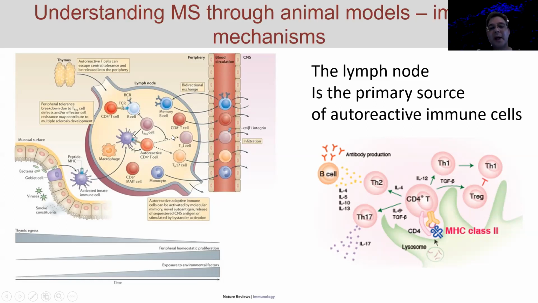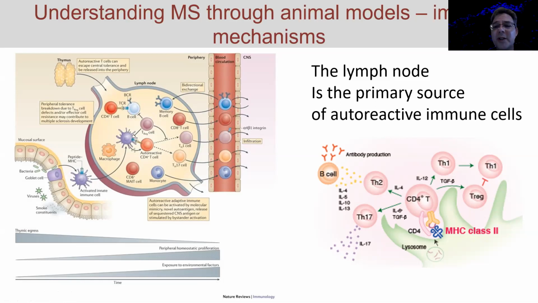And of course, it's these mechanisms that we've reverse translated from the human into the mouse models and defined these mechanisms effectively, where we've been able to develop drugs to tackle these effector responses. One of those drugs that sequesters the potential autoimmune cells in the lymph node is fingolimod.